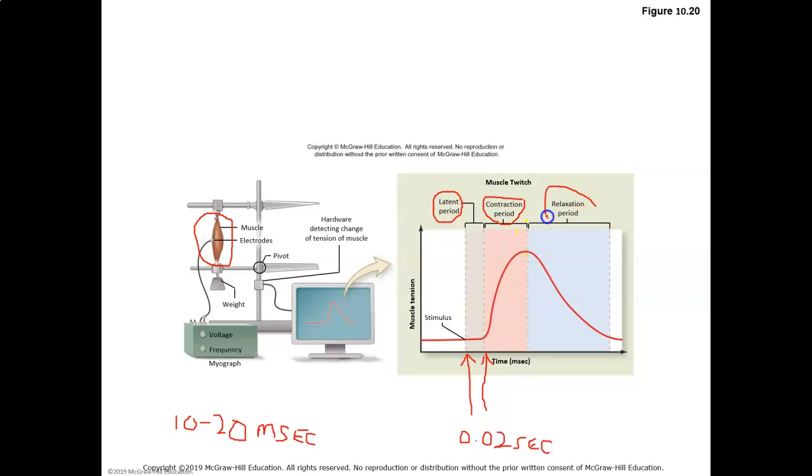So you get the relaxation period. Muscle tension disappears, back down to baseline tension. That's it. This one process right here in front of you is called a twitch. This is a twitch.